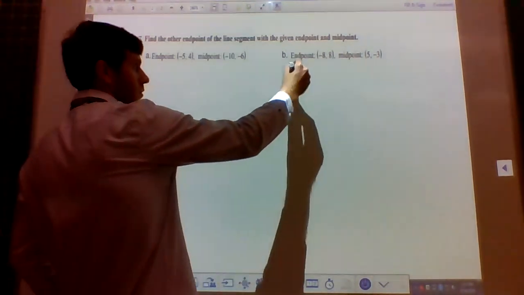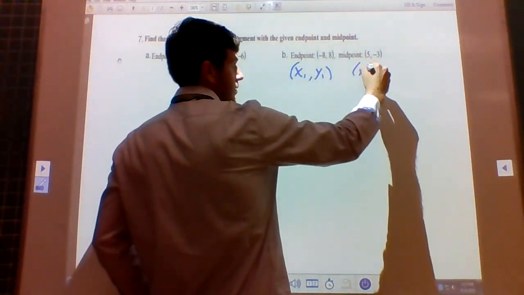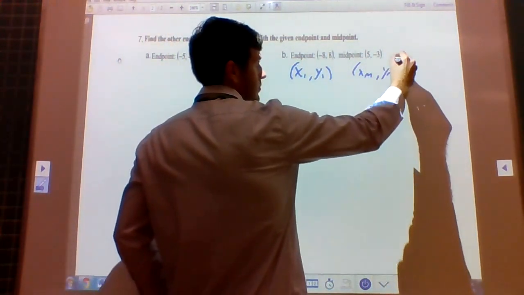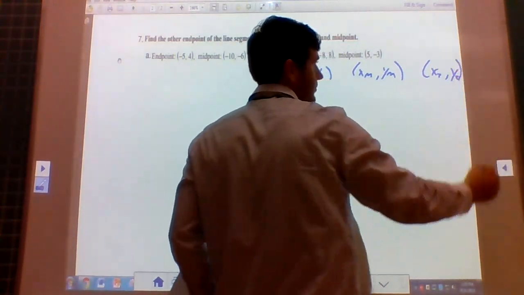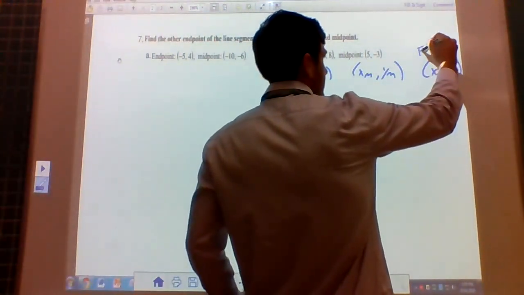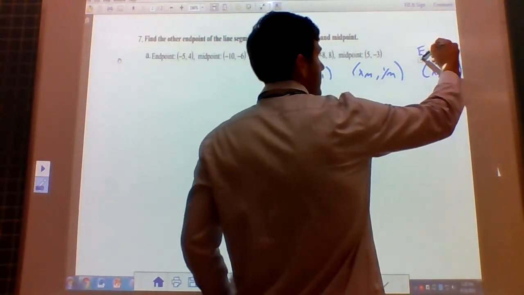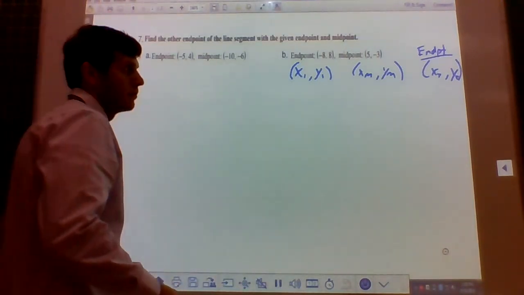So this is x1, y1, and this is xm, ym. What we're trying to find is x2, y2, the other endpoint. Again, we can just look.